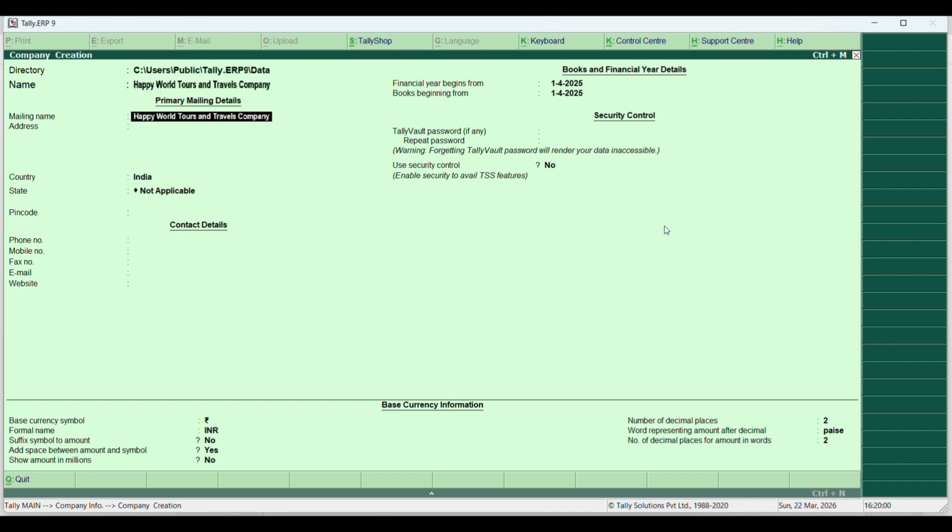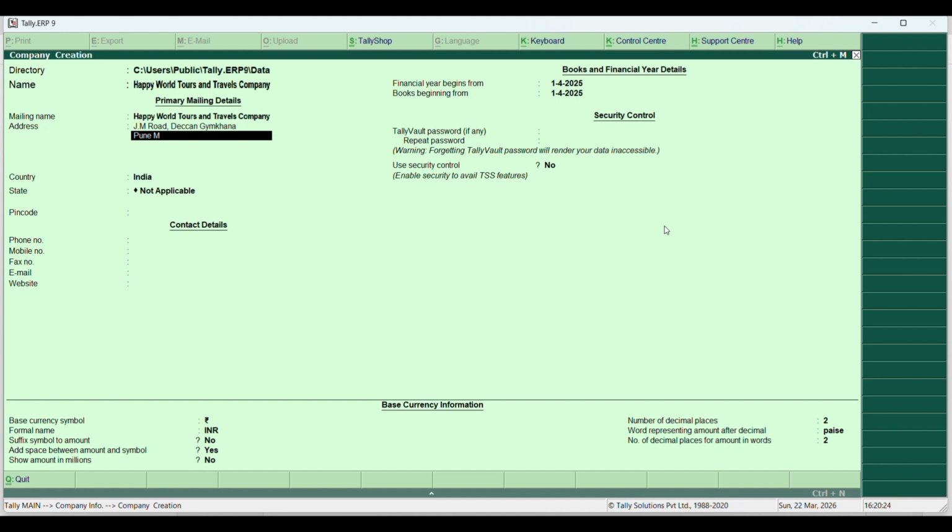Okay, so the address is JM Road, Deccan, Gymkhana, Pune, Maharashtra.